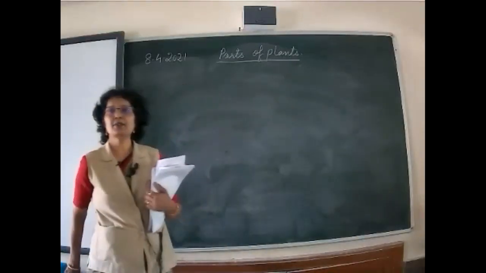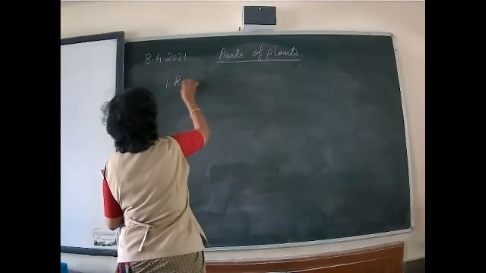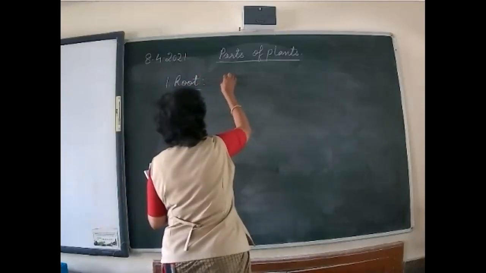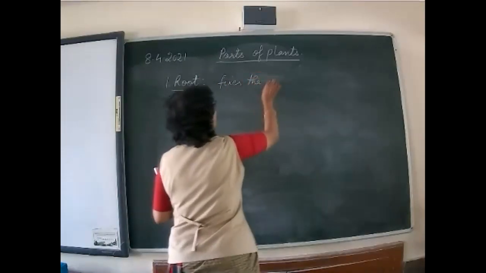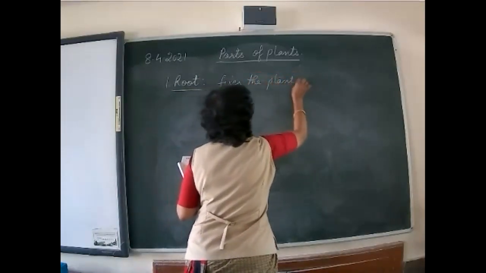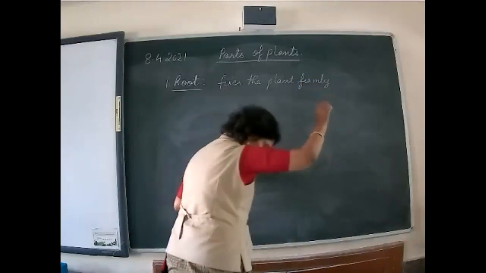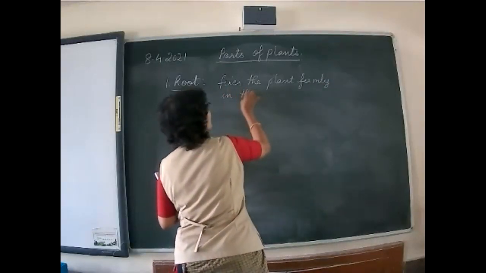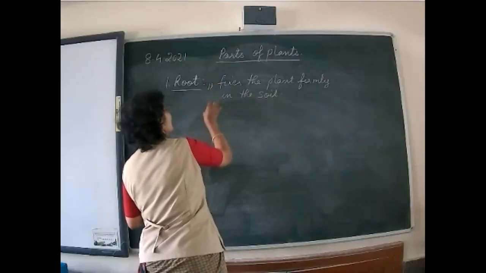So first we'll take root. Root is the part which is below the ground. Just now I told you. The function of the root is that it fixes the plant firmly in the soil. This is the first point.